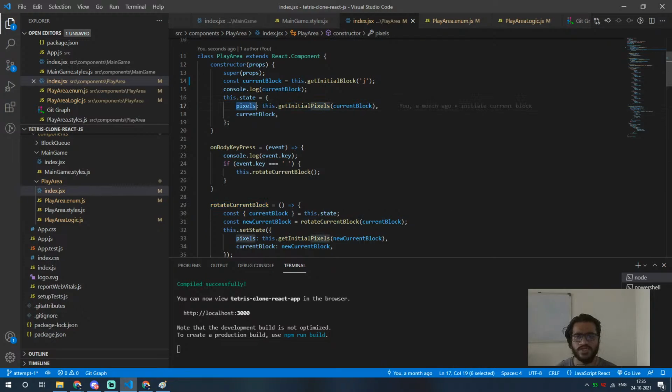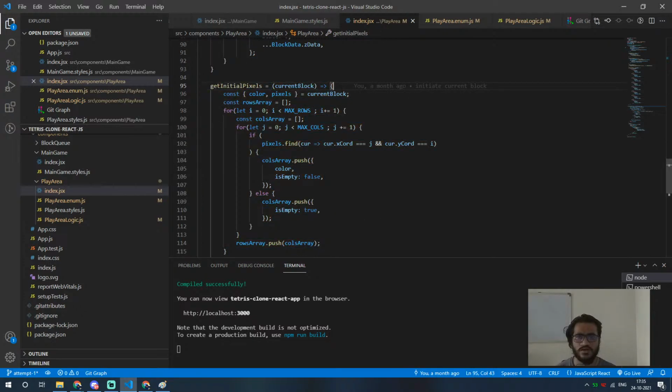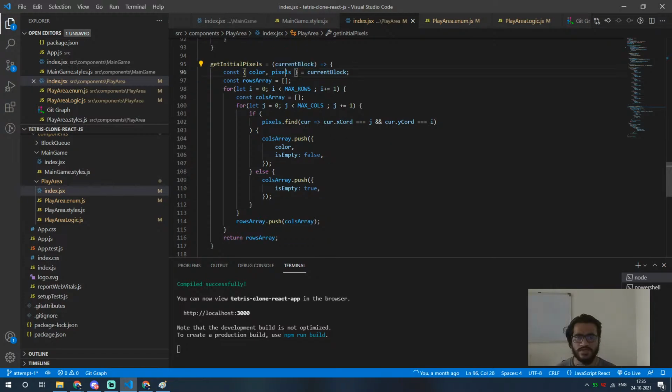Okay, so get initial pixel with current block. Current block would have pixel.